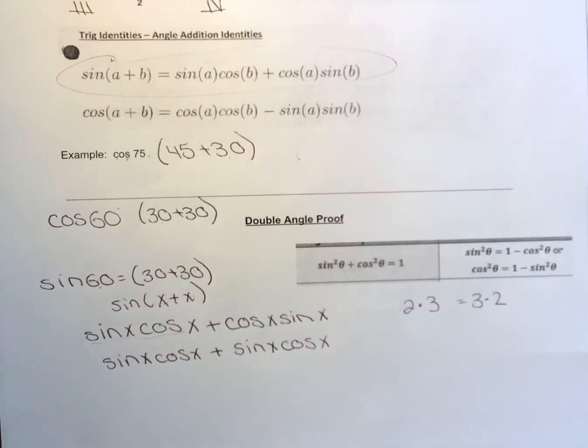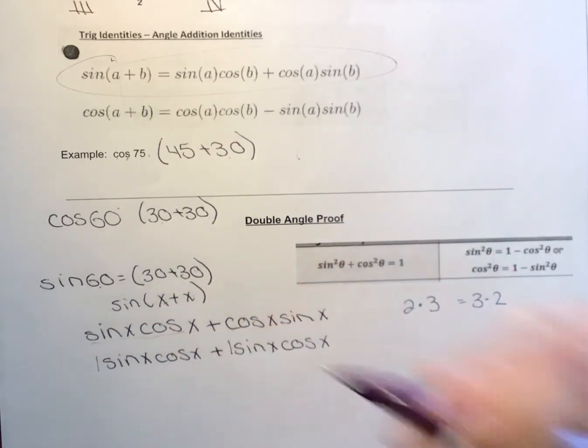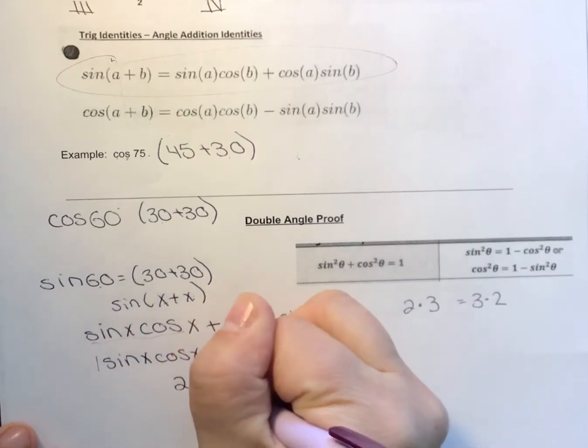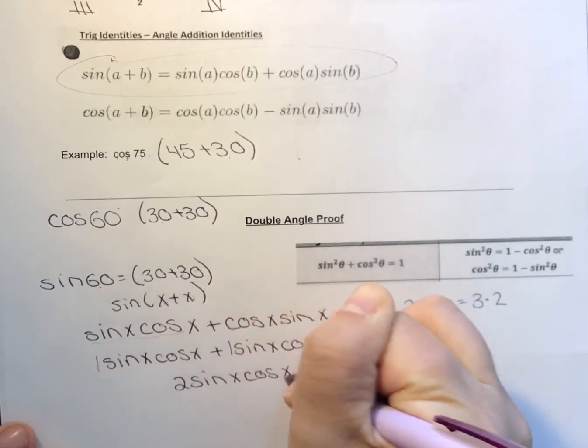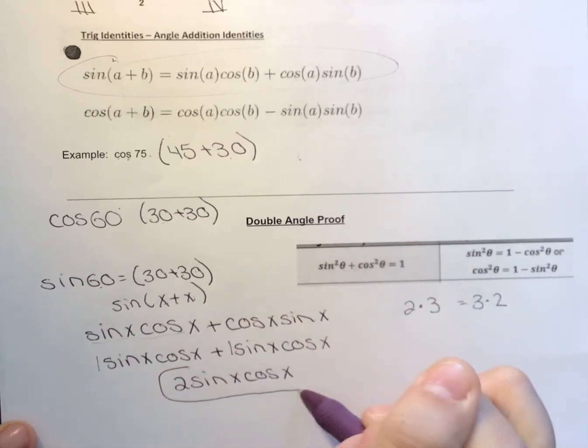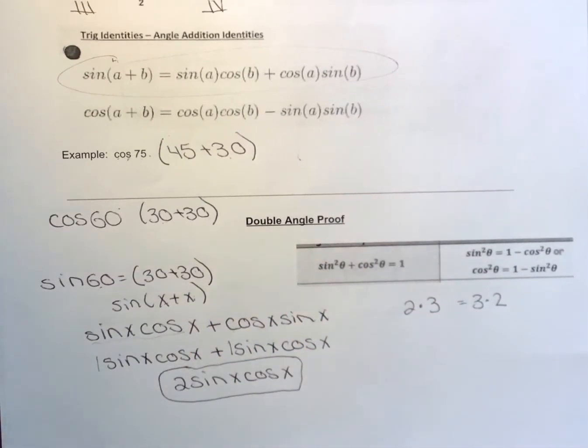Same thing, just in a different order. So this is 1 sine x cosine x plus 1 sine x cosine x. So our final answer would be 2 sine x cosine x. So this is our first double angle formula that we will be using for sine. So now let's derive the formula for cosine.